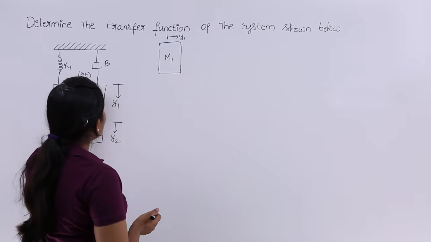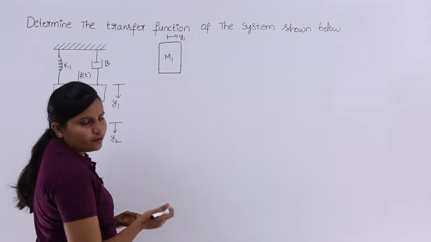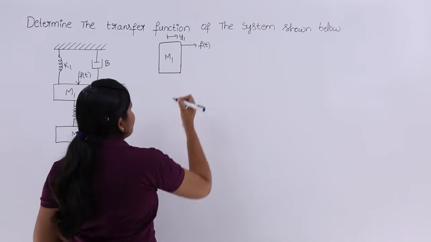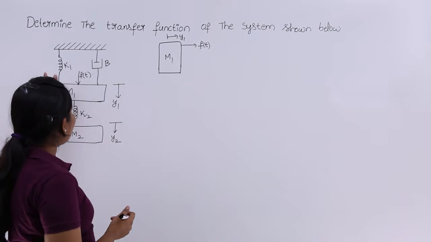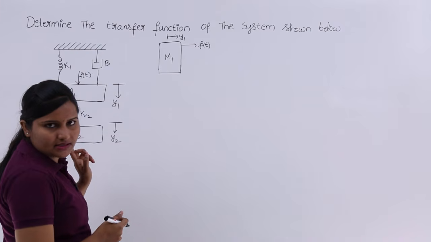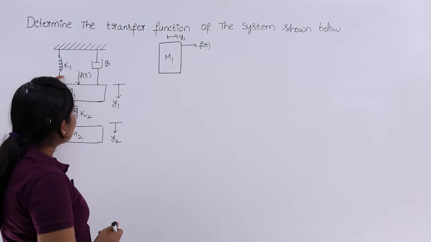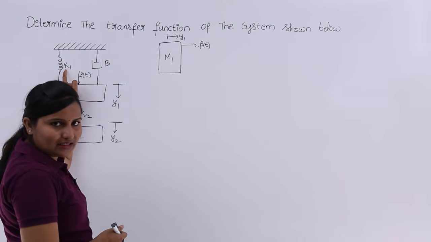Here, the outside force is f(t), which we indicate outwards like this. The remaining forces are due to the elements attached to this mass. What are the elements attached to this mass? This is a spring having elasticity coefficient K1.